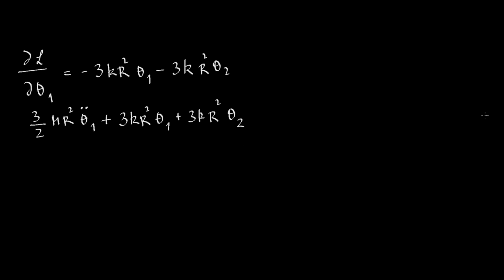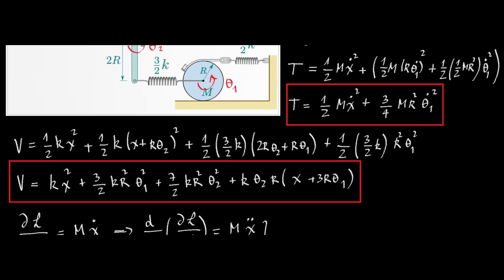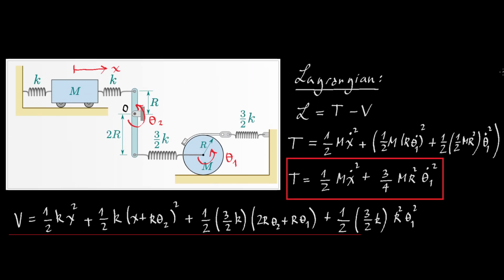Okay, and finally our third equation, which is related to the coordinate theta 2. This partial derivative, well, if we look again closely at the expressions of the kinetic and potential energy, we realize that the term theta 2 dot doesn't appear in any of these expressions, and that's something we can expect because theta 2 denotes the rotation of the bar, and this is a massless bar.